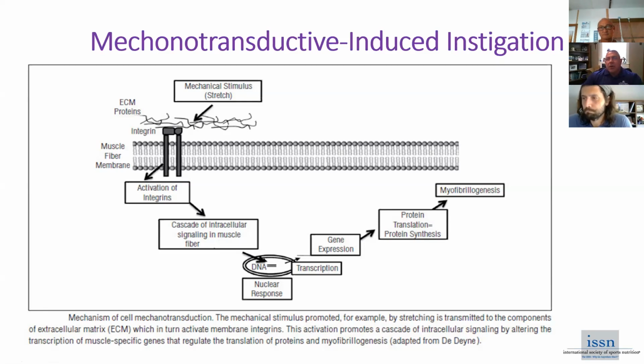All right, so just understand that mechanotransduction is an extremely important component for muscle hypertrophy, because think about it this way. Nutrition is important, yes, but we can eat all we want and not resistance exercise, and we're not going to have muscle hypertrophy. So adipocyte hypertrophy, but not muscle hypertrophy.